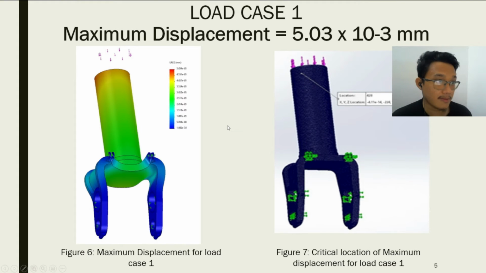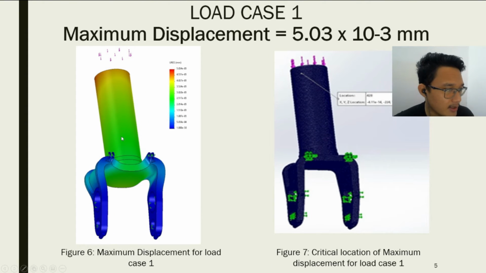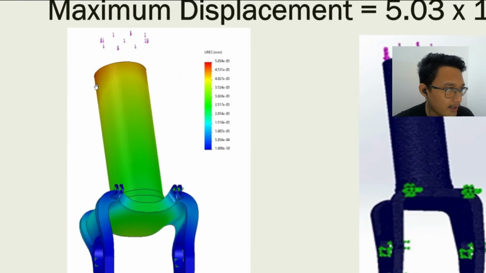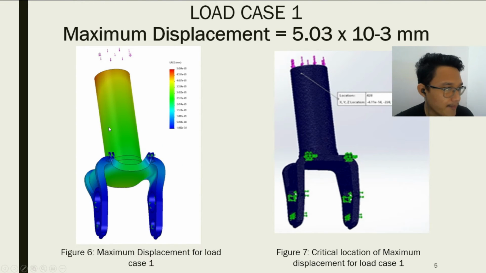For the maximum displacement, we can see that there are more colors on this component. When the force is exerted from the top, the top part will be red, and then it slowly distributes towards the bottom, with yellow, green, and blue until the bottom part.